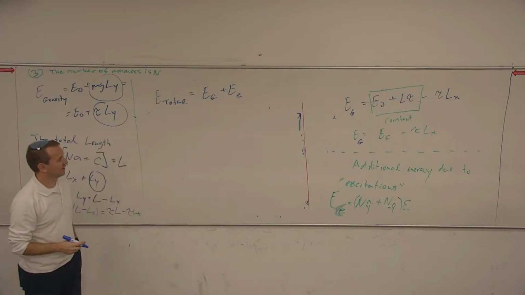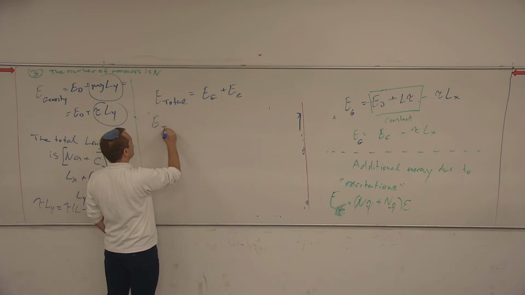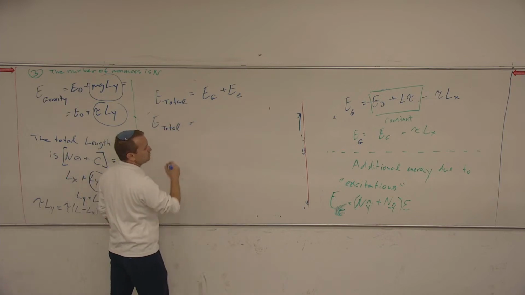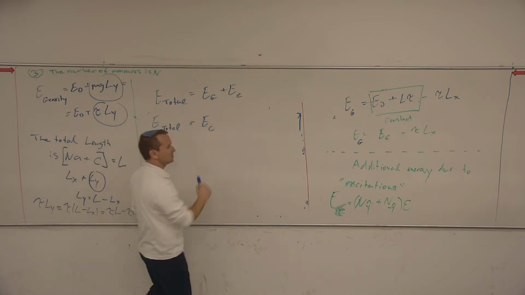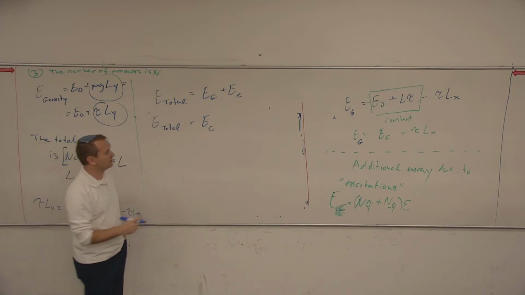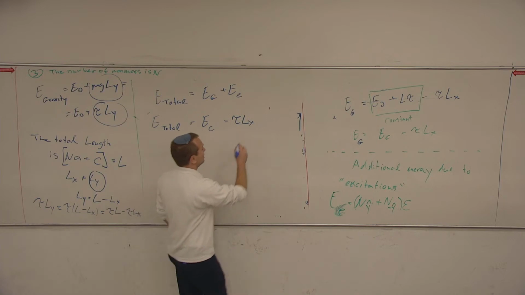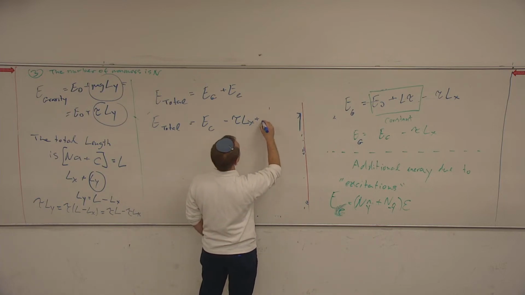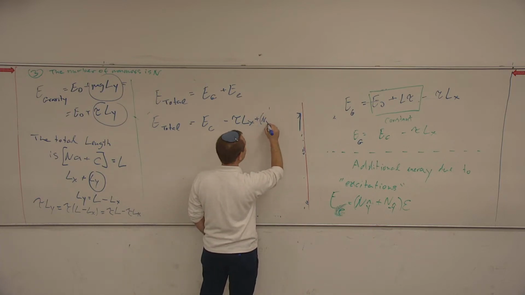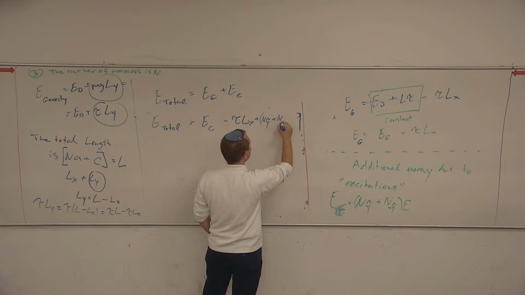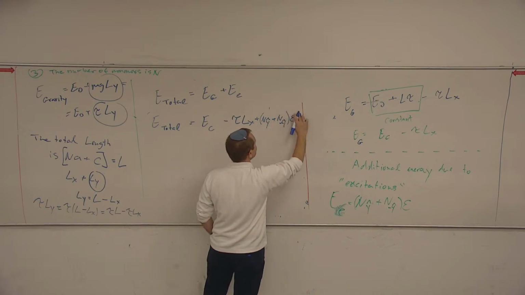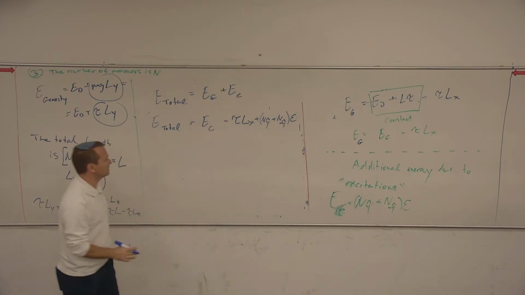Right? So E total equals EC, which is a constant, minus tau multiplied by Lx, plus N_Y plus N_minus-Y multiplied by epsilon. So this is my total energy.